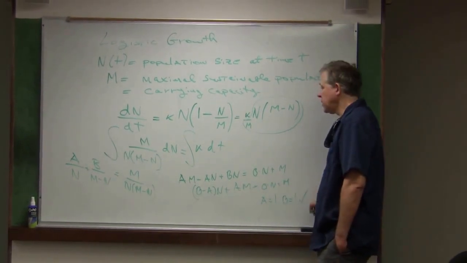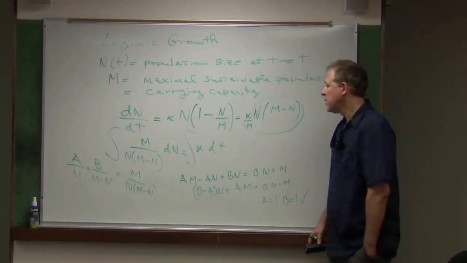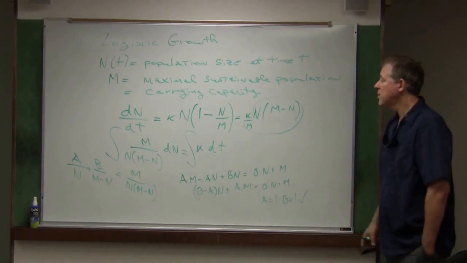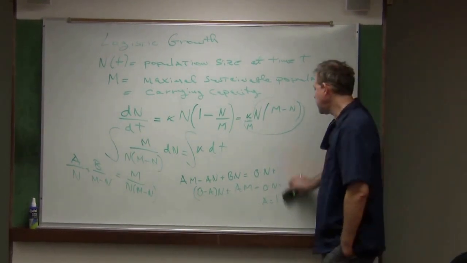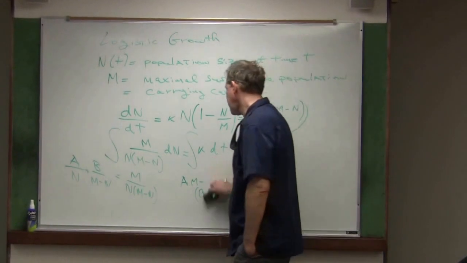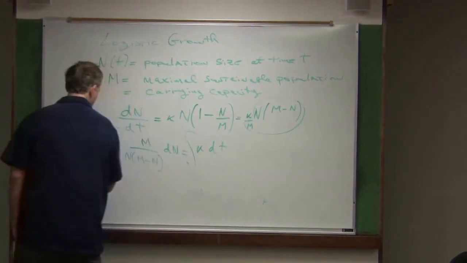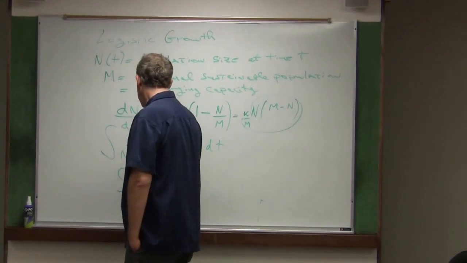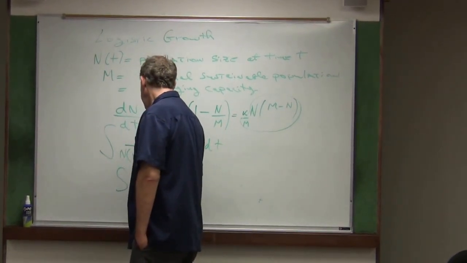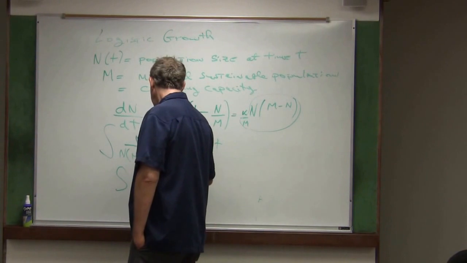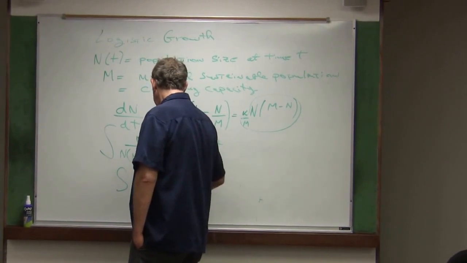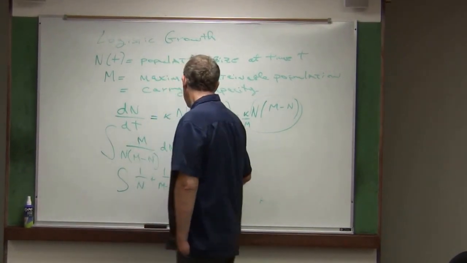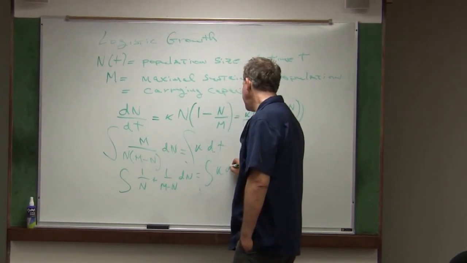Okay, very good. Let's rewrite this now as the integral of 1 over N plus 1 over (M minus N) dN is equal to integrating k dt.